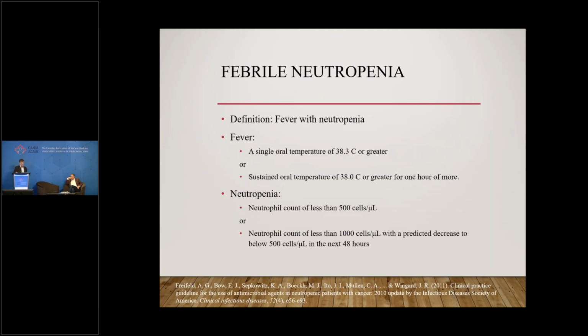Neutropenia is a neutrophil count of less than 500 cells per microliter, or neutrophil counts of less than 1,000 cells per microliter, with a predicted decrease to below 500 cells per microliter within the next 48 hours.